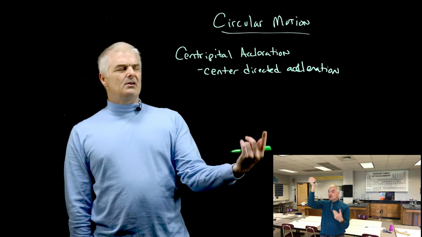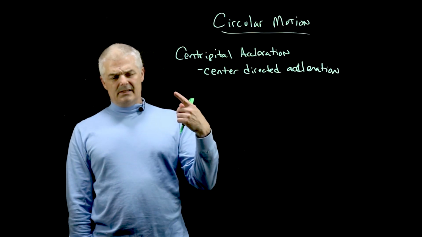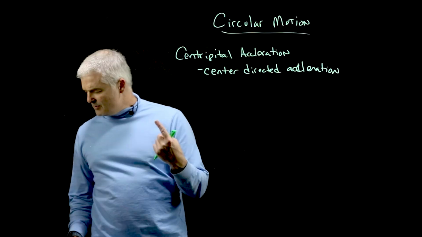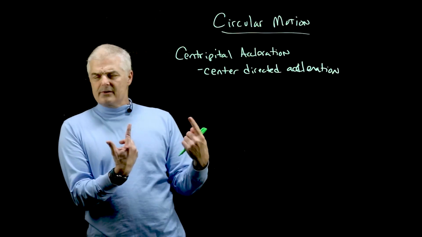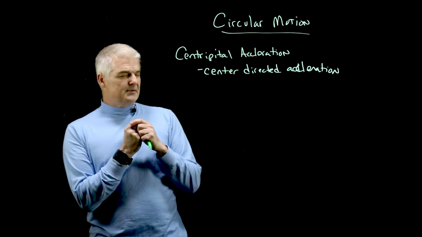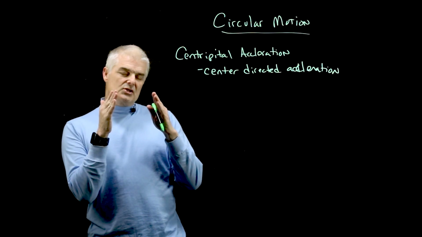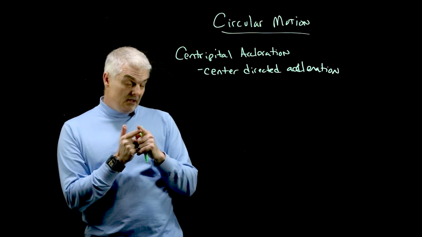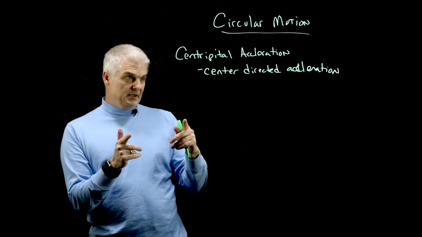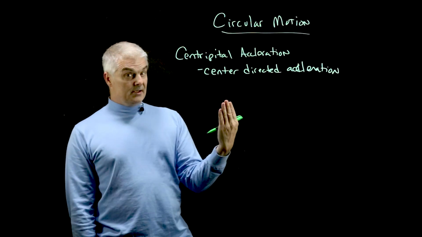If I'm spinning the ball around, what's really going on there is if the ball is moving at a constant speed, we've learned before, constant speed, there is no acceleration. But that's not completely what we've said in the past. What we've said is that acceleration is if you can change the direction or the magnitude. But in this case, since you're moving in a circle, you're changing the direction constantly.